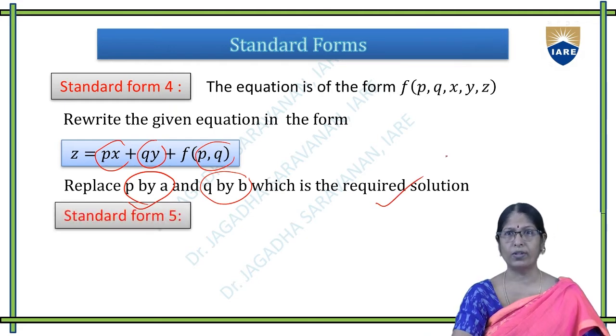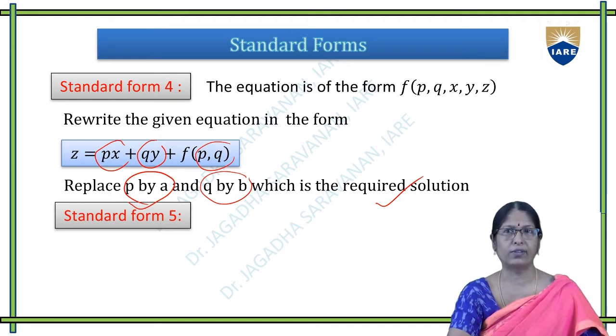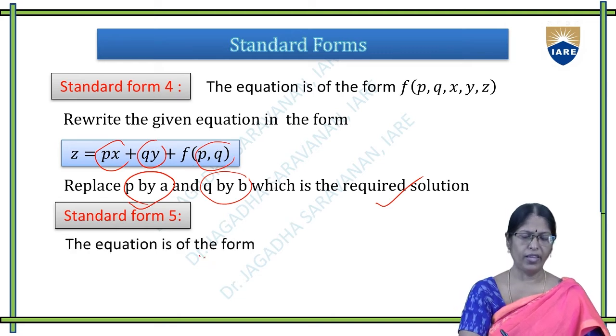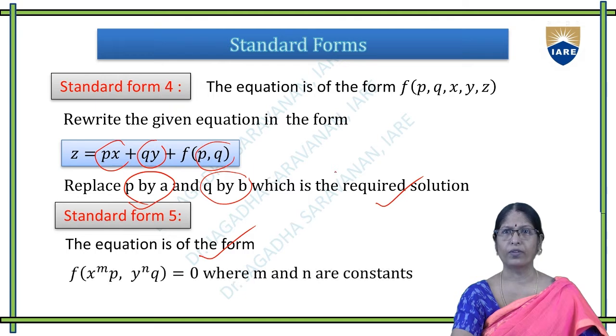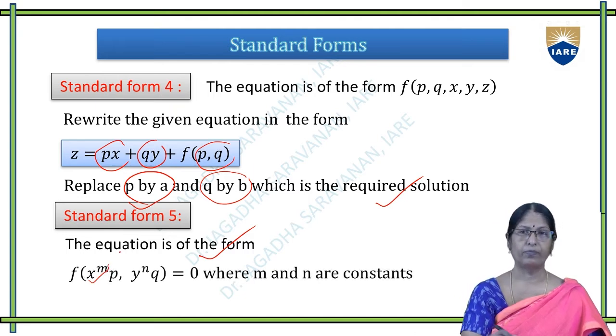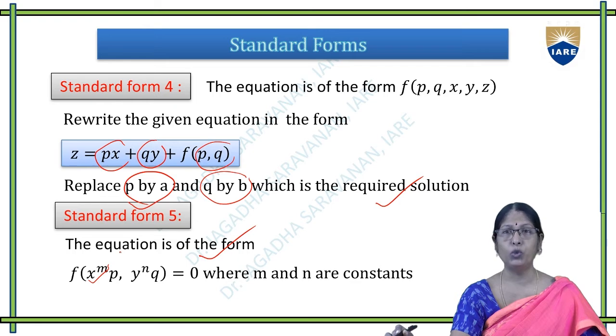Next, we will move to standard form 5. So far we discussed the four standard forms in which x does not have a power at all. If x has a power, and x and y both have power, it comes under standard form 5. The equation is in the form of x power m into p.